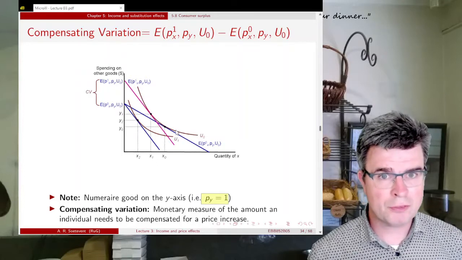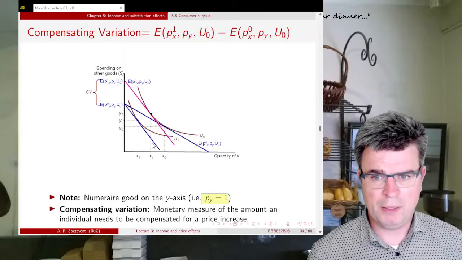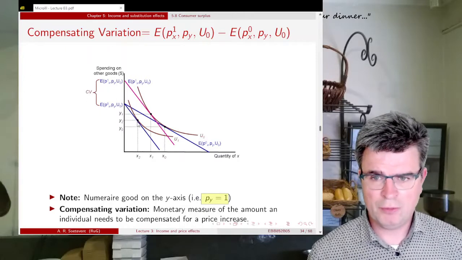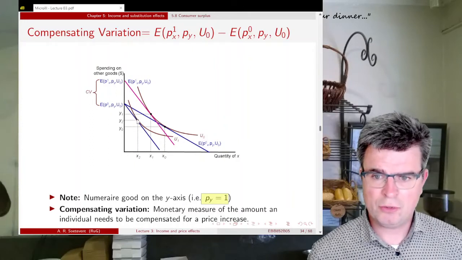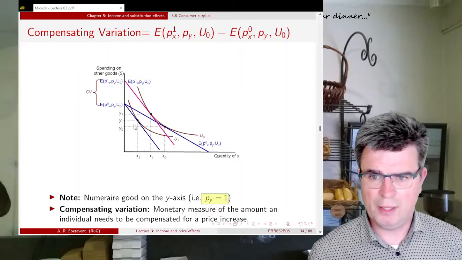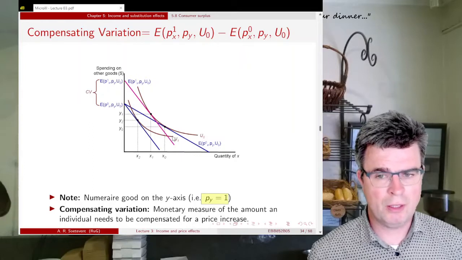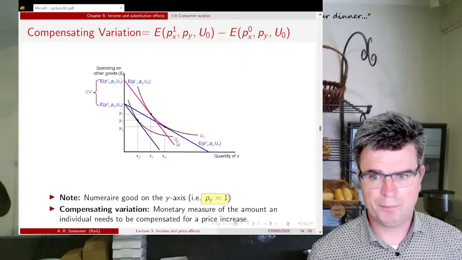And now the price of good X has increased to P1. So without compensation, the best we can do, given a new budget constraint, is to consume the bundle X2, Y2, and we can only reach an indifference curve associated with the lower utility U1.